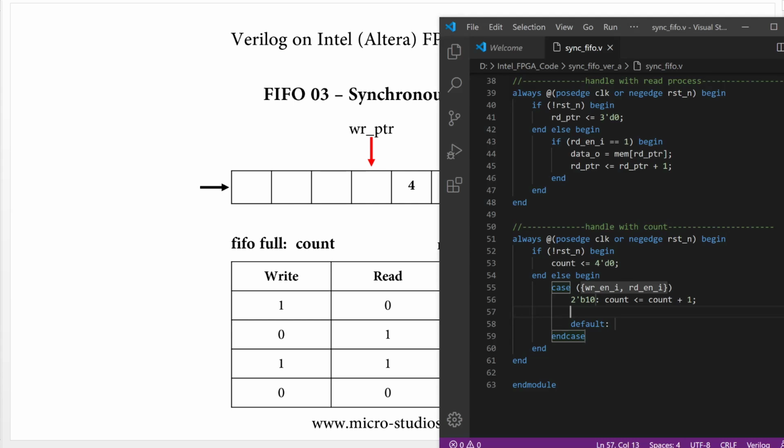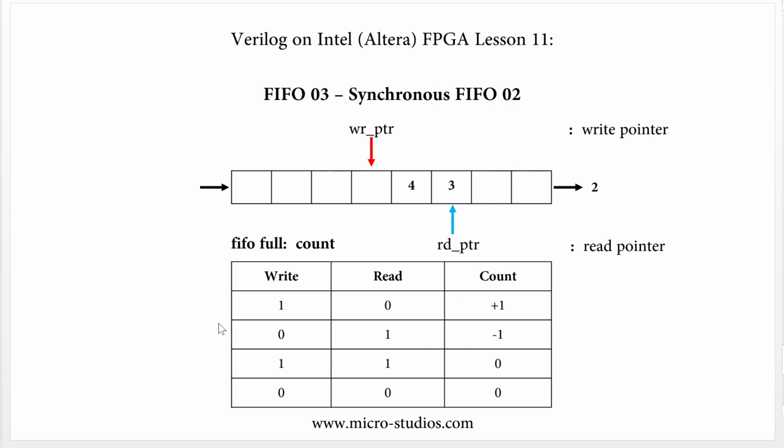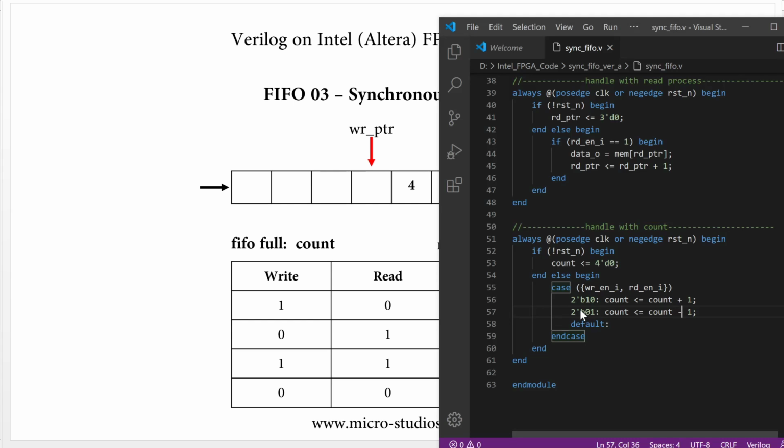So we copy the first one, copy and paste, change it. So this is 0, 1, and this is minus. So take a look here, 0, 1, minus 1.